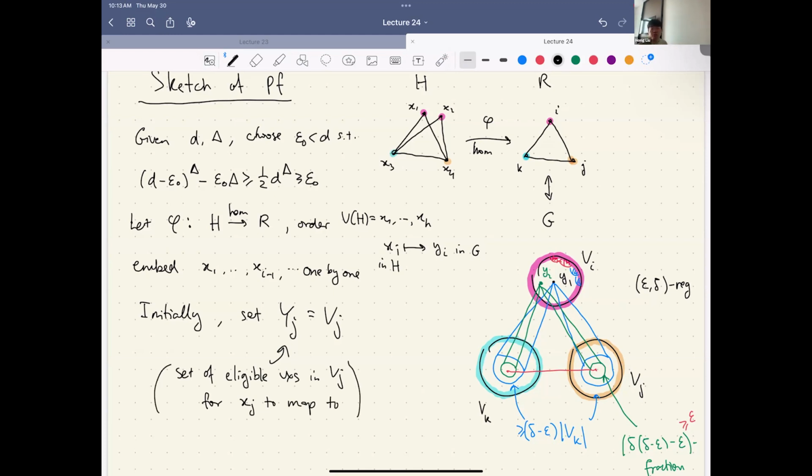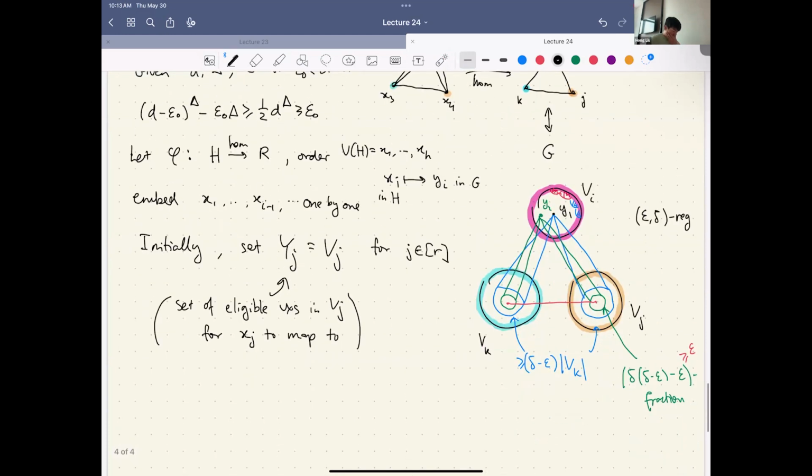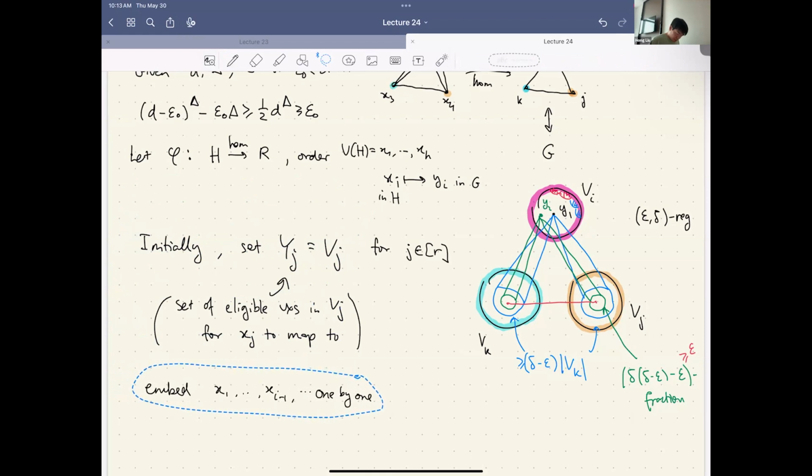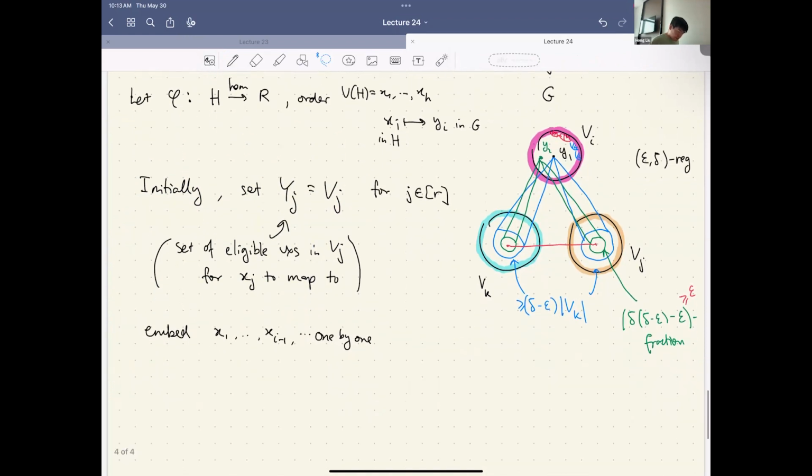Initially you set everything to be eligible. Right, so we're going to embed it one by one. Embed this one by one and update the eligible vertices.